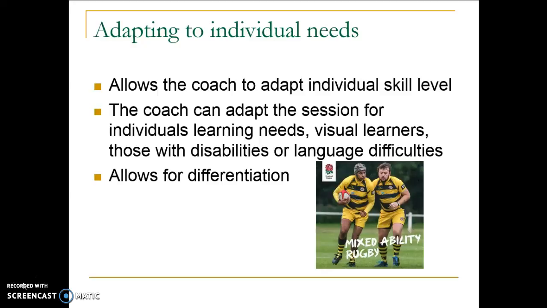It's also allowing for differentiation, so allowing for different people to benefit from different activities, or maybe the same activities but different kinds of steps to it. So the more basic steps, or maybe having people doing more complex things within the drill.